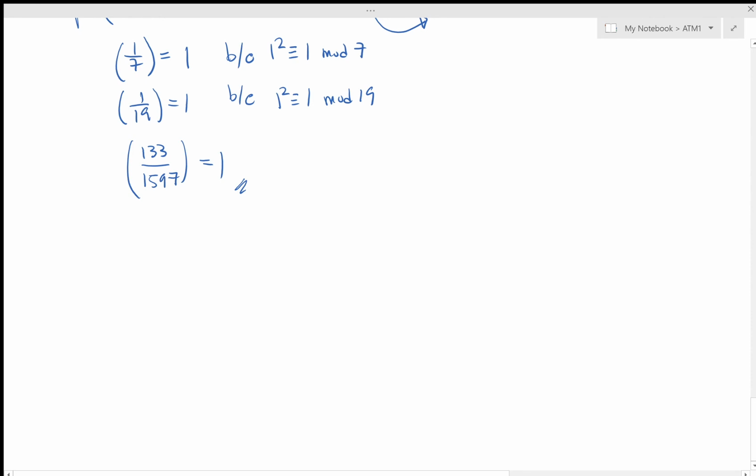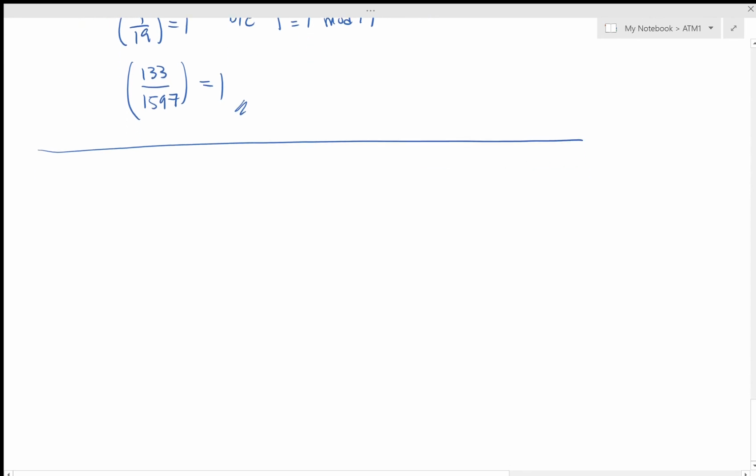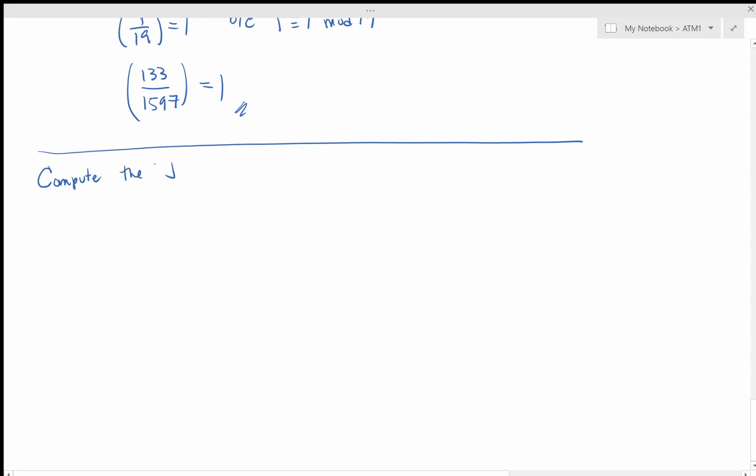This is the key feature for having this algorithm work quickly without having to factor. So our objective here is to compute the Jacobi symbol 7411 over 9283. There it is.